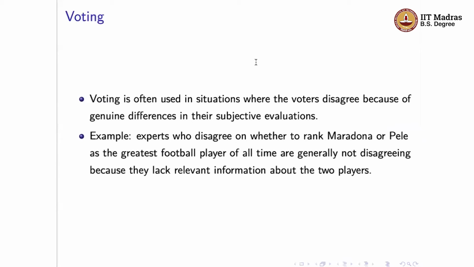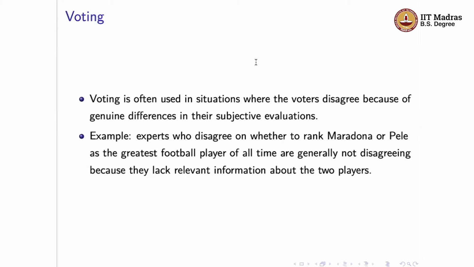So one situation where it is used is that you've got voters who disagree because of their genuine differences in their subjective evaluations and not necessarily because of differences in their information, right? So going back to the football's greatest player list, suppose that you want to compare Maradona and Pele, who were two great footballers. When you have experts disagreeing whether to rank Maradona or Pele as the greatest football player of all time, they are not generally disagreeing because they do not have enough information about the two players, right?